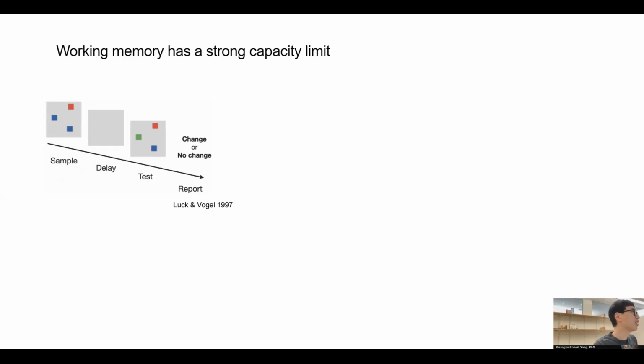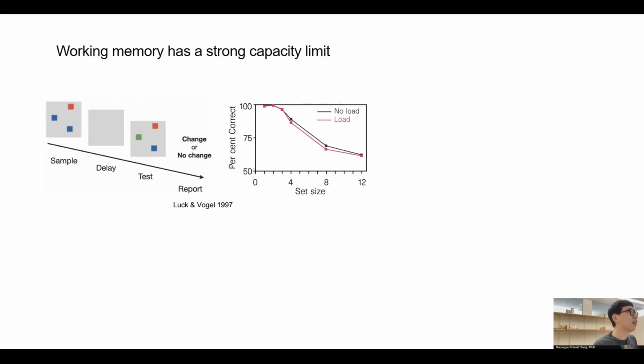Now the question is to report whether or not there is a change. Here the chance level is 50%. If you ask people to do it, as you increase the set size, which is the number of colored squares, the percent correct goes down very rapidly.